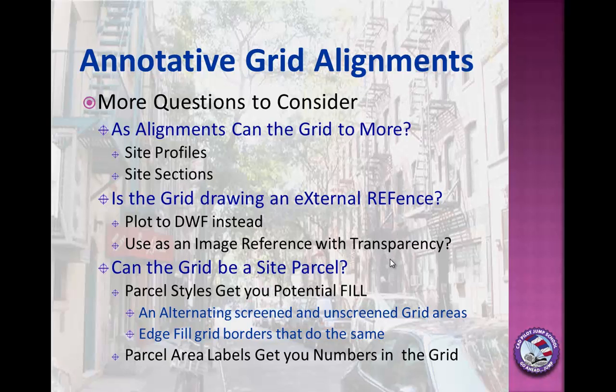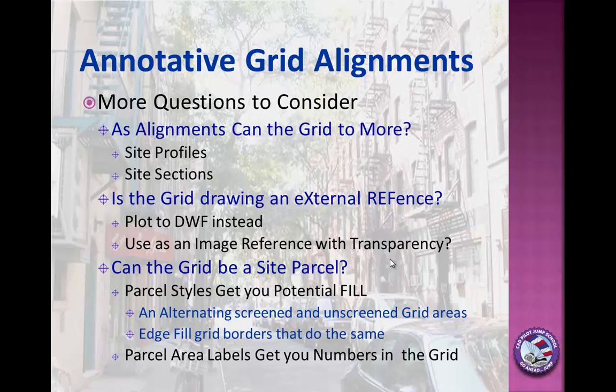You can do things like alternating screened and unscreened grid areas, give you lightly screened checkerboards and other fancy stuff. You can also do small or larger edge fill borders instead of real lines, so you can fill out to the edge of the ticks, for example, with a screen, which sometimes improves readability if the grid is critical to the kind of work that you have to publish.